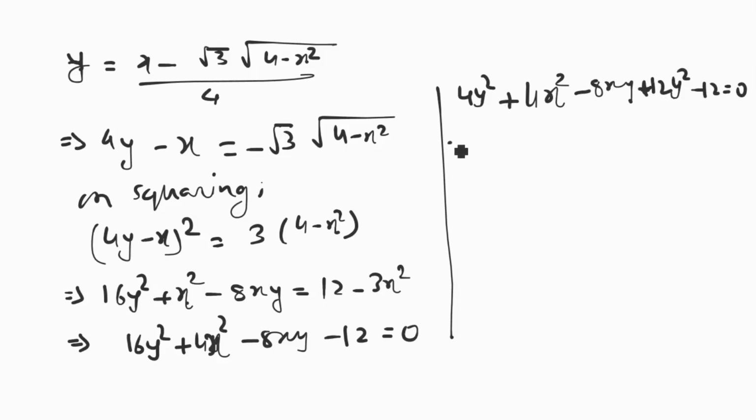Now I take 4 common throughout, so this is y square plus x square minus 2xy, plus 3y square, minus 3 equal to 0. Now 4 will divide the right hand side, so 0 divided by 4 is 0.